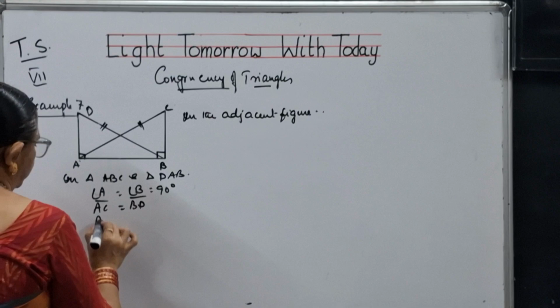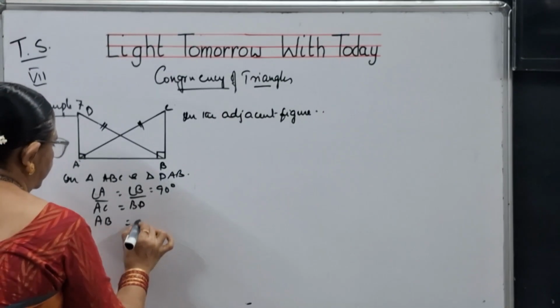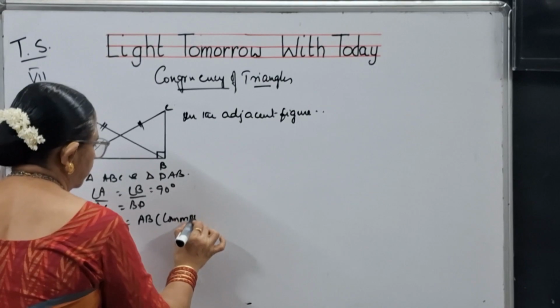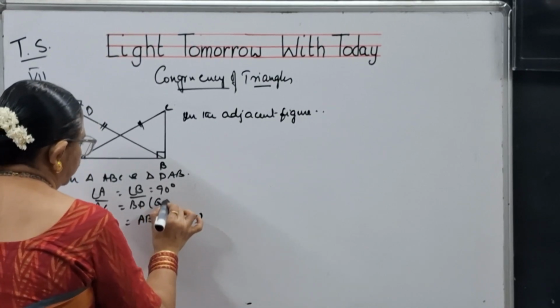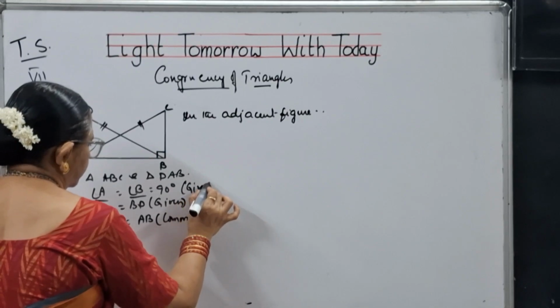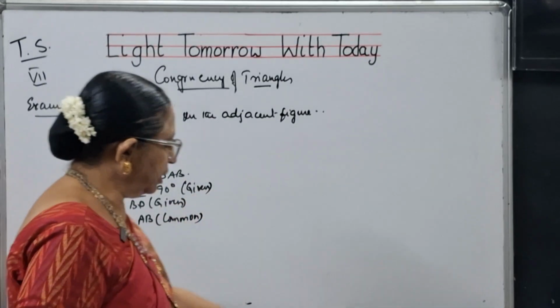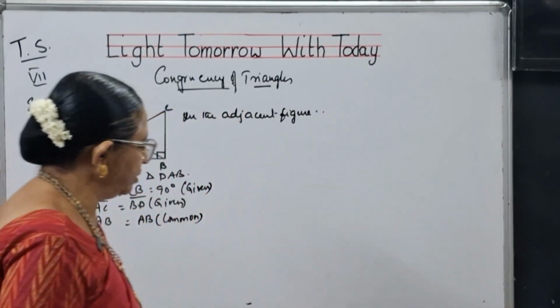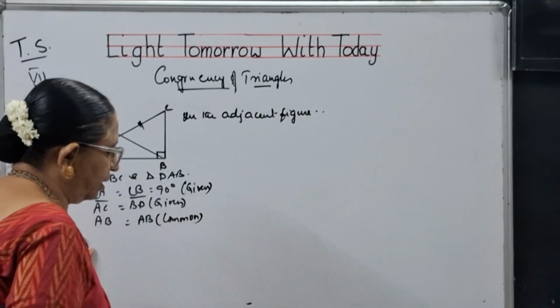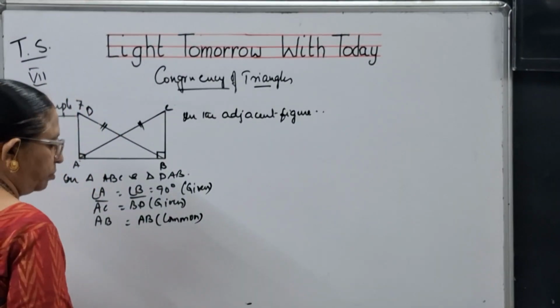And also you can say that AB is equal to AB. The reason is this is a common side. This is given to us, and this is also given to us. So the first part, state three parts equal in triangle ABC. These are the parts which are equal. Then which of the following statements are meaningful?